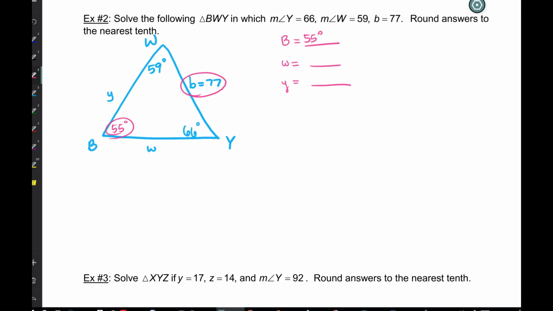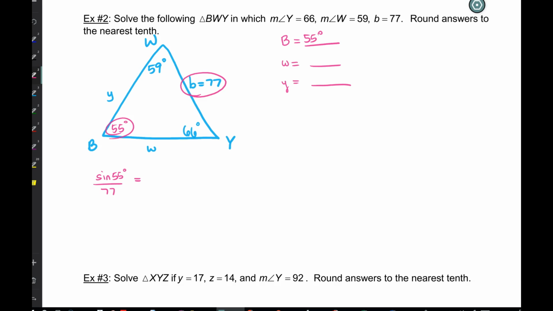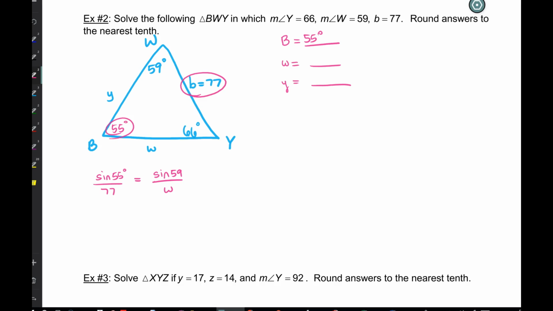Okay, so we have sine of 55 over 77 equals, and here it doesn't matter. Do you want to solve for W or Y? Doesn't matter which one we do first. W. Okay, so sine of 59 over W. Just remember, you can never find the third side by using Pythagorean theorem.